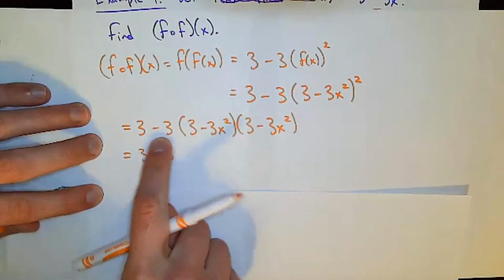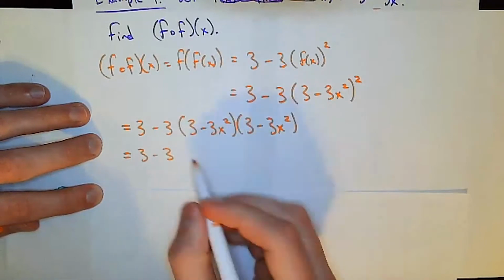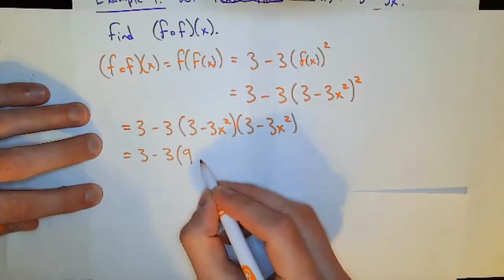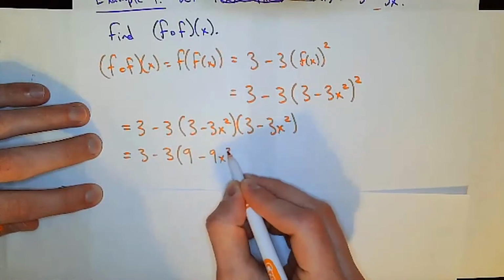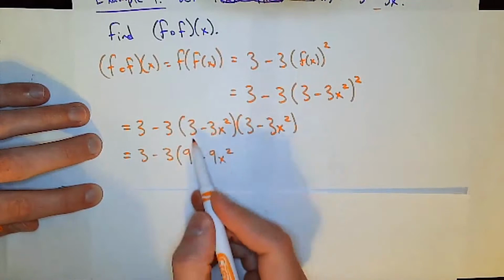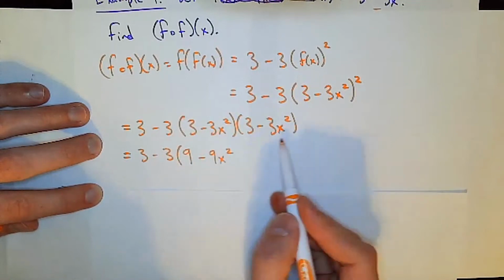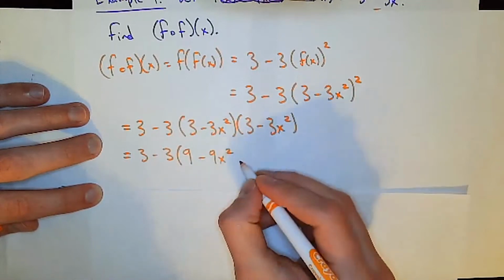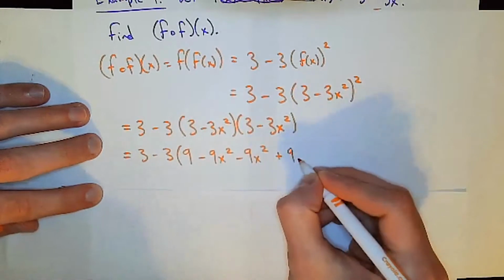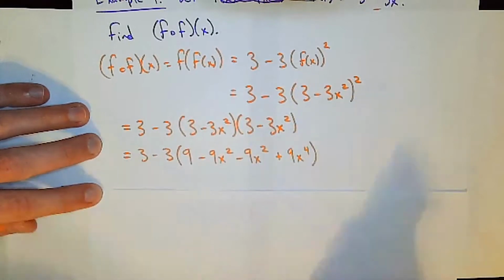So this 3 does not get multiplied until I'm done expanding this. Okay, so I'm going to have 9 minus 9x squared. That's from sending this 3 to both of these terms. And I'm going to send negative 3x squared to both of these. So negative 3x squared times 3 is another negative 9x squared. And then finally, I'm getting a positive 9x to the fourth.